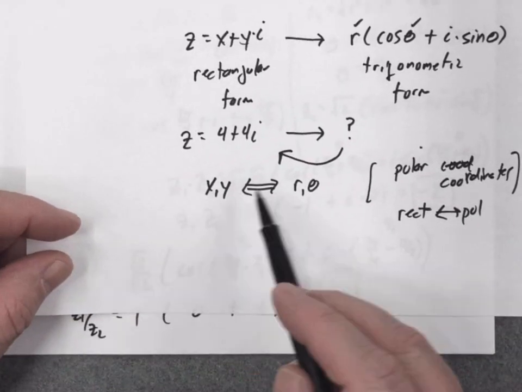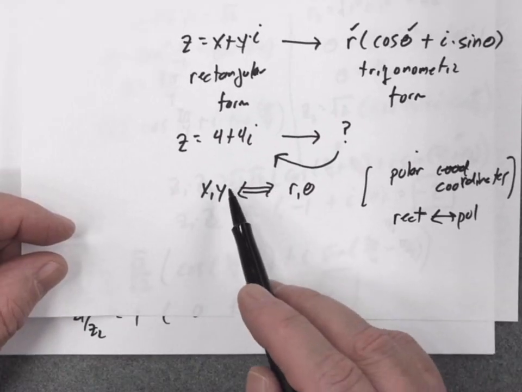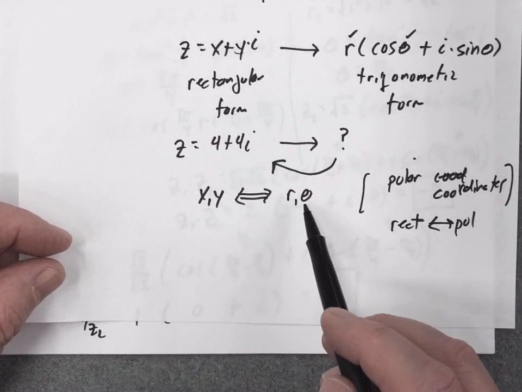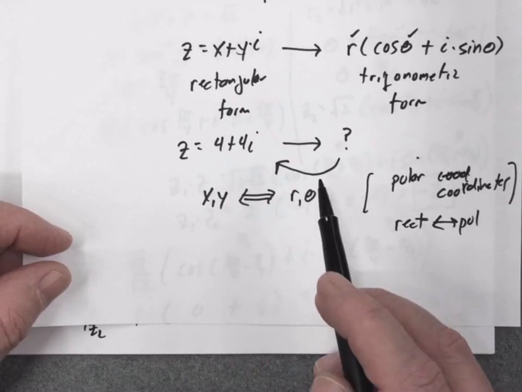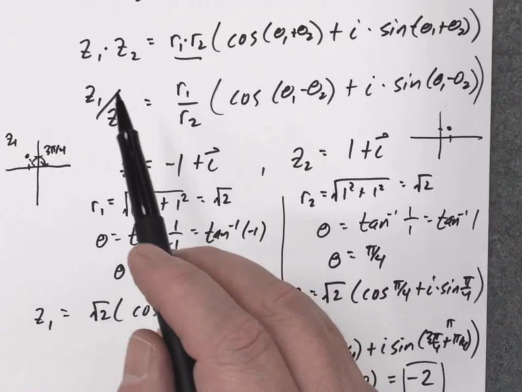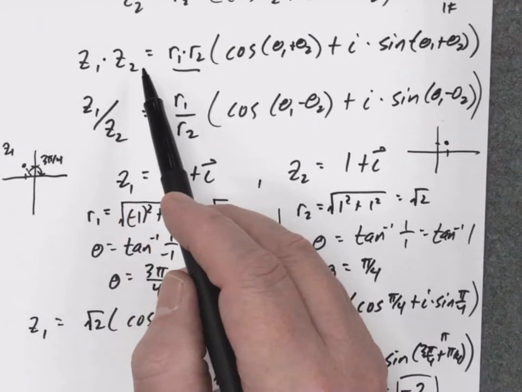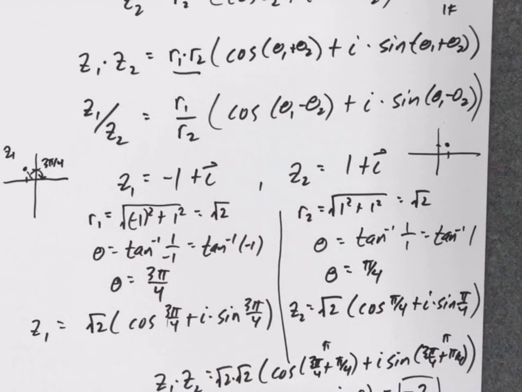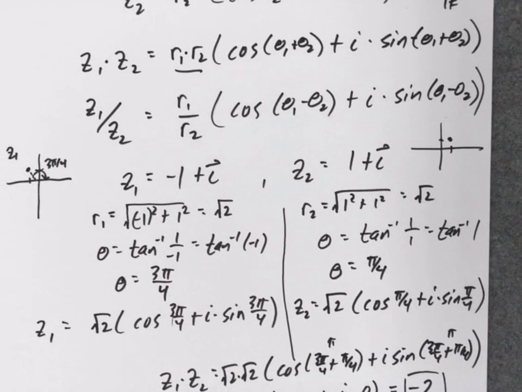And then we learned how to convert back and forth between rectangular form of a complex number and trigonometric form. And the last thing we did was we learned how to multiply and divide two complex numbers when they are in trigonometric form. All right, hopefully you will not find this too difficult when you do your homework.